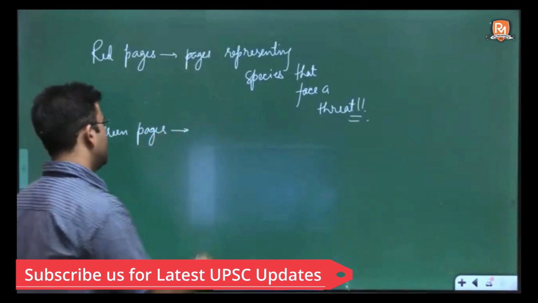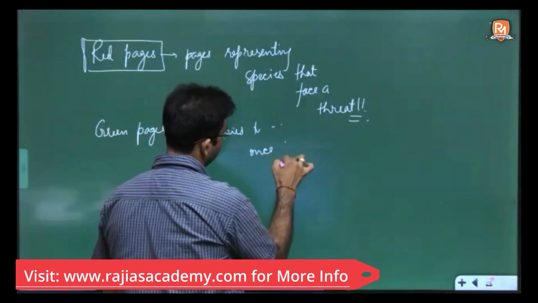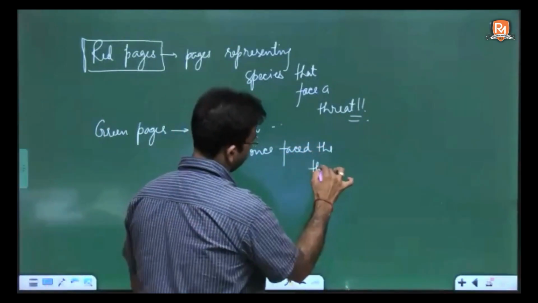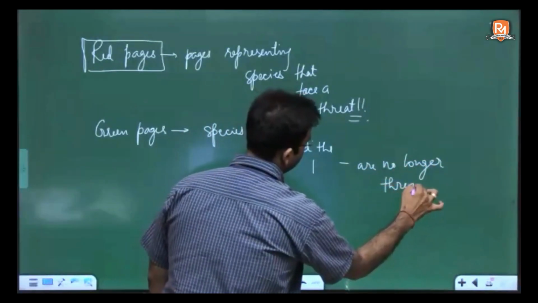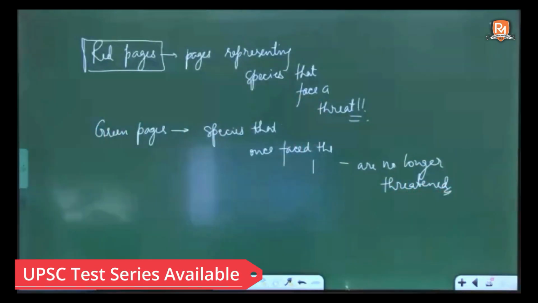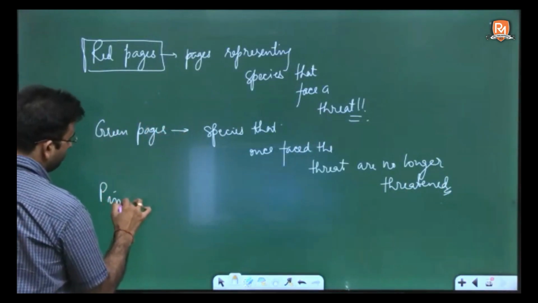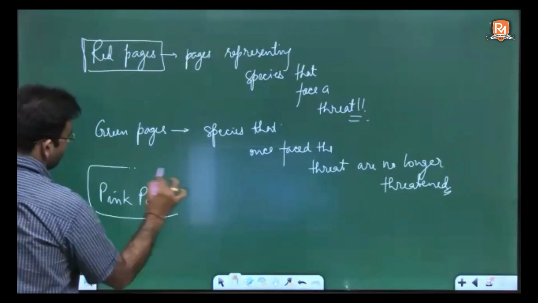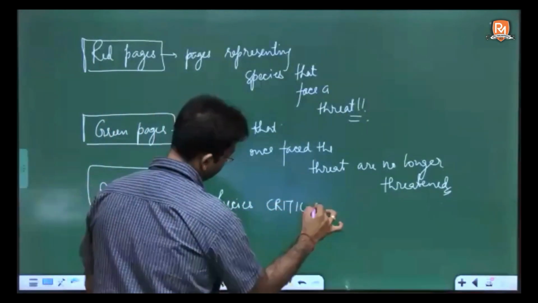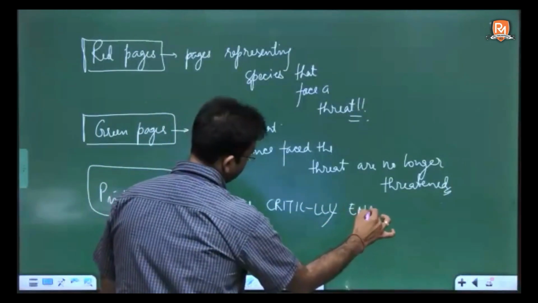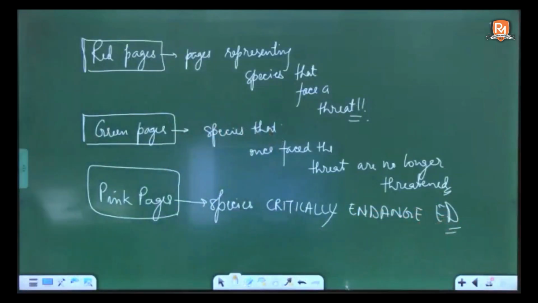Green pages are the species that once faced the threat but are no longer threatened. Species that once faced the threat are no longer threatened. They are the green pages. Then pink pages: species that are critically endangered.